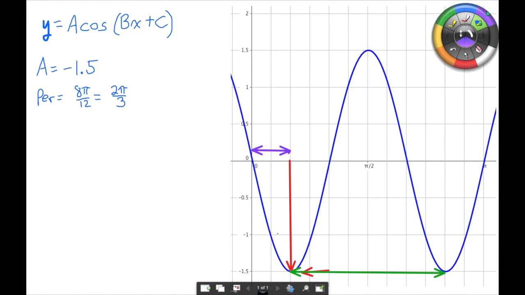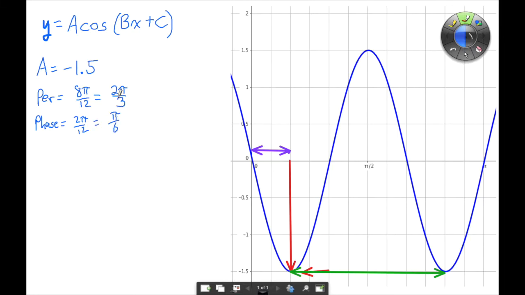That would be the phase shift. So we can say the phase shift is positive. It got moved in the right direction. It's a positive 2 pi over 12, also known as pi over 6.